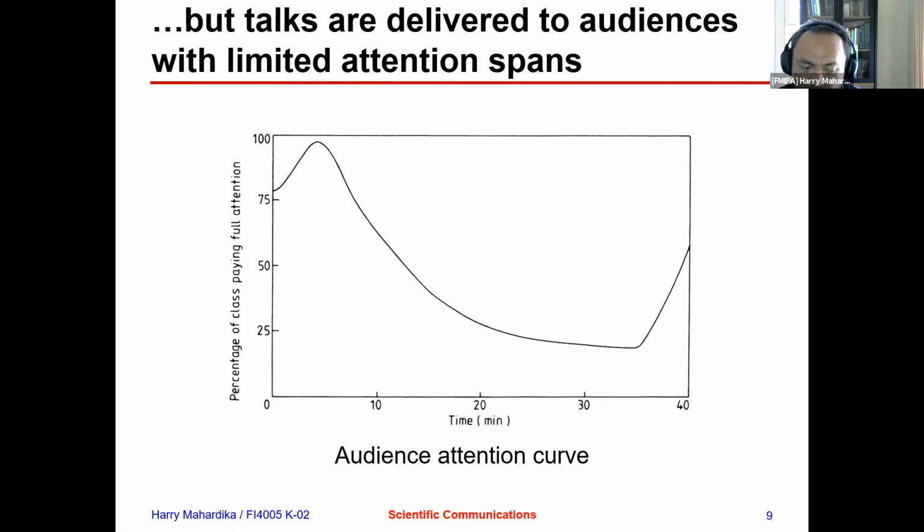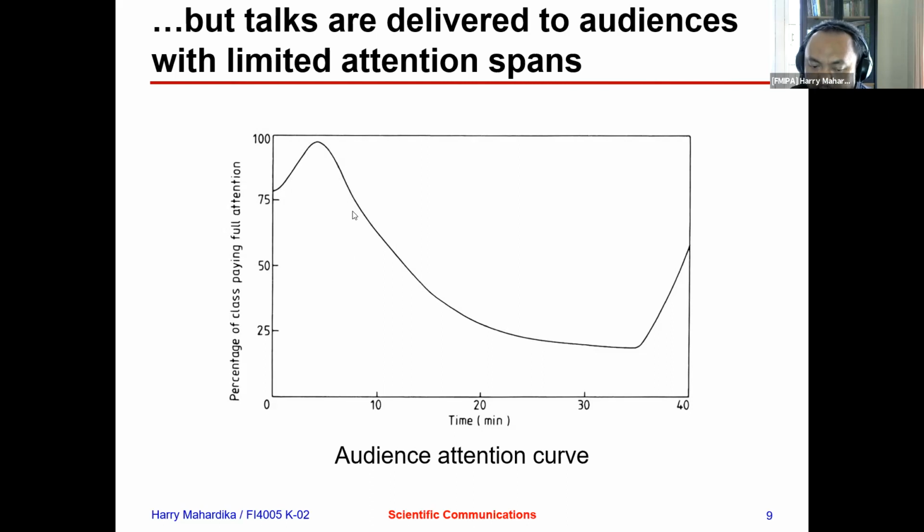In this graph, it is shown the percentage of the class paying full attention to a certain topic. The class itself lasts for 40 minutes, and the attention of the audience is at its maximum only in the first part of the lecture.